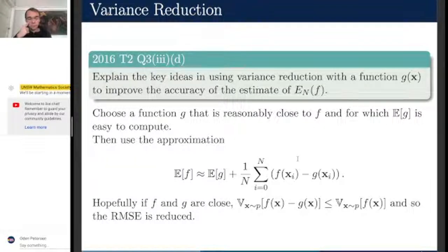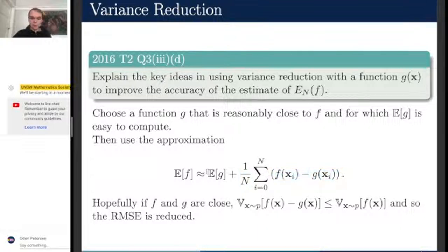So the concrete steps that you take in this case, if you want to use this approximation, is you look at the difference between f and g. This is the component of the expression that is difficult to integrate, and so that is the part that you estimate with Monte Carlo, this f minus g.